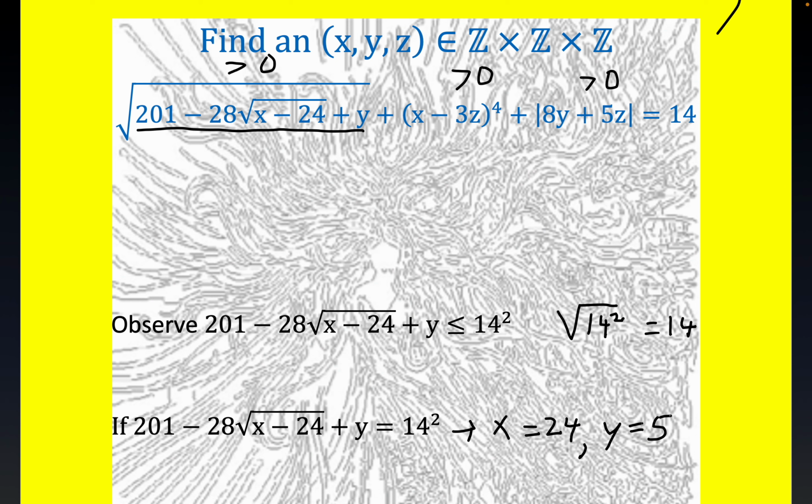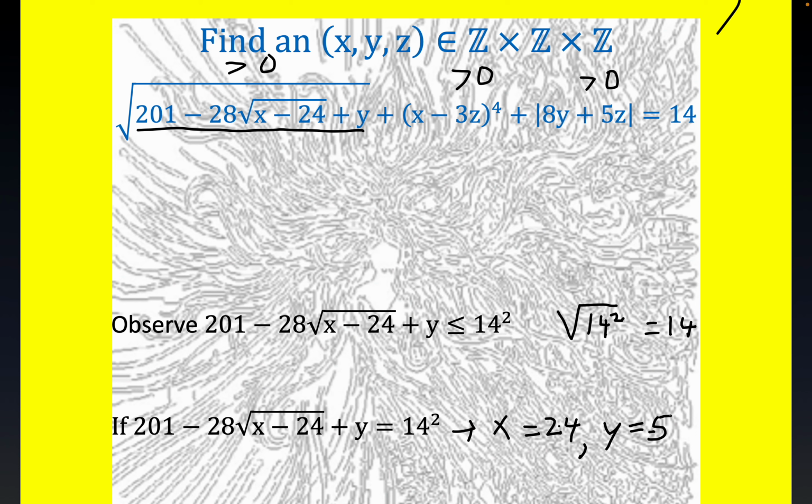Again, folks, just straightforward arithmetic here. This would go to 0 if you made x equal to 24. We need it to be equal to 14 squared, which is 196, and so y would have to be negative 5. So we already have these two things fixed if it fits with the rest of the equation.